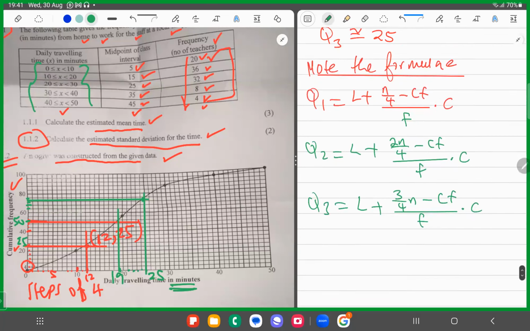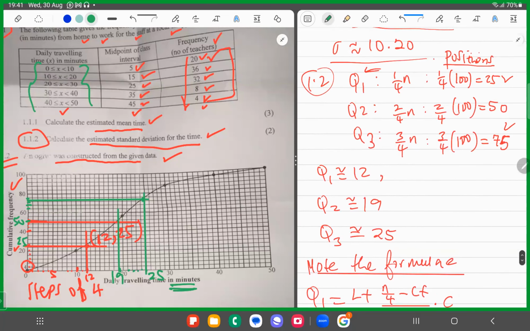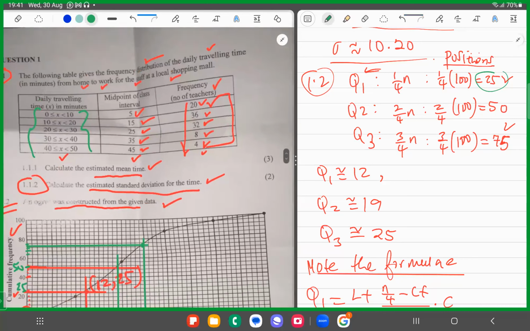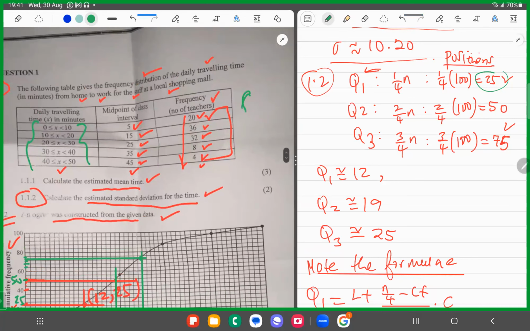For Q1, like we found, the position is 25. At position 25 for Q1, what class did that give us? The 25th value of the observation in the cumulative frequency column. Generally you'd have to find the cumulative frequency column.